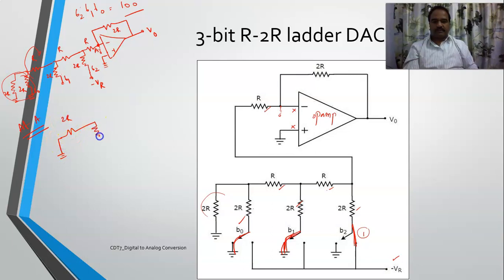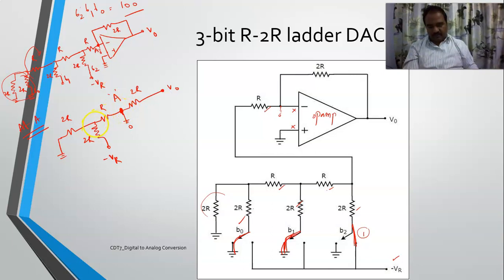And again here I have 2R, but this one is connected to my minus VR, and this is my R, and this is my virtual ground, so I will ignore this one. I'll take it as 0 here. And here again I have 2R, and this is my output, and this is the point A which I am considering.